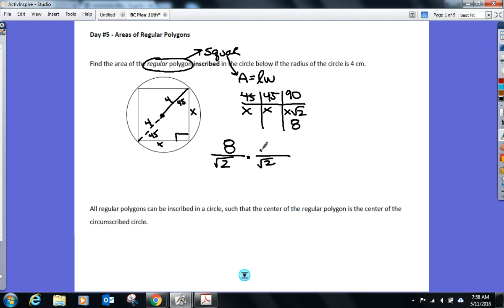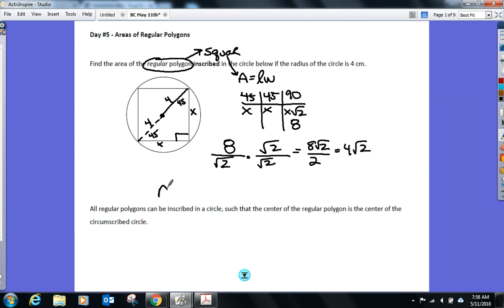Multiply top and bottom by radical 2. 8 radical 2 over what's on the denominator? Okay, can you reduce that any further? I hope you can. That'll be 4 radical 2. Okay, so there's a side, 4 radical 2.